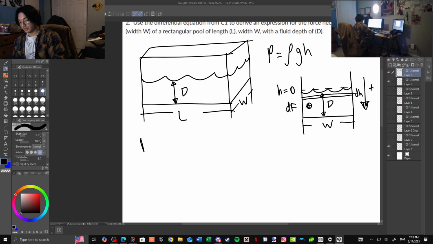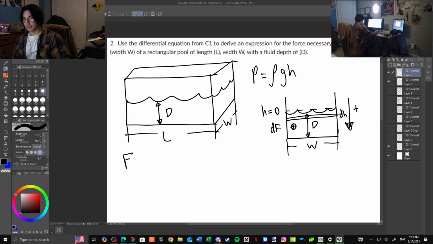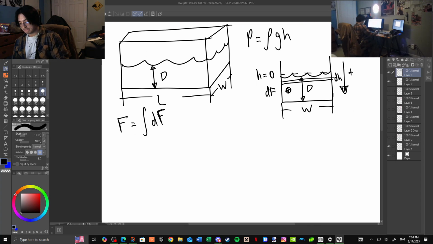So since we need to find the force of the water pushing against the wall, we're going to form an integral for dF. And that integral, sorry, not derivative, that integral will be the pressure times the surface area of the wall.